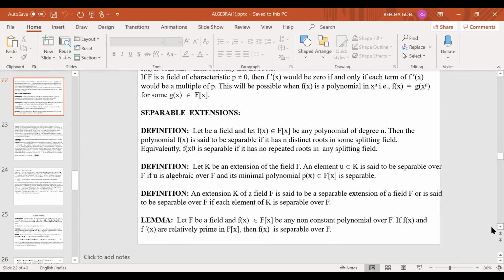And one of the important properties of the relatively prime concept is that if f(x) and g(x) are two relatively prime polynomials, then we can always find two polynomials, t(x) and s(x), such that f(x)t(x) plus g(x)s(x) is equal to 1. We shall use this fact.